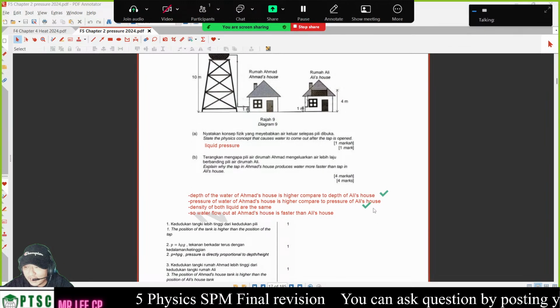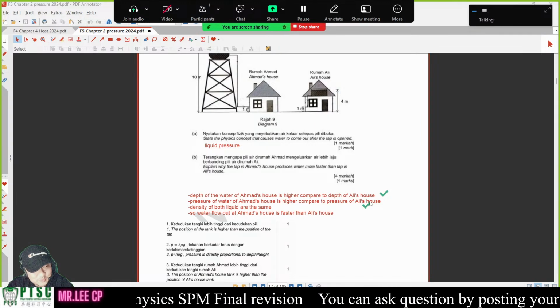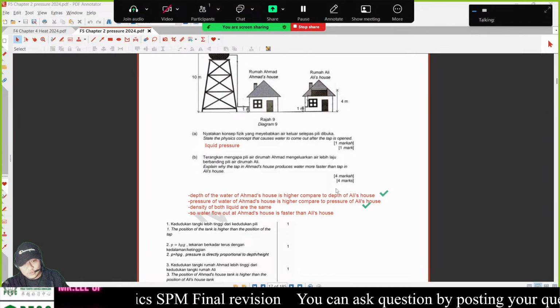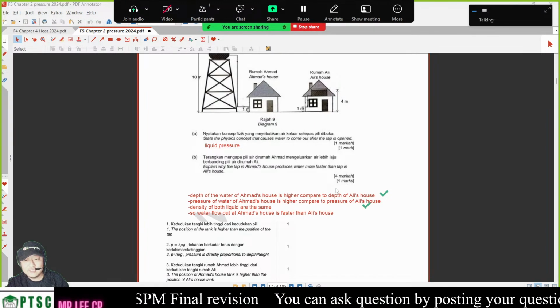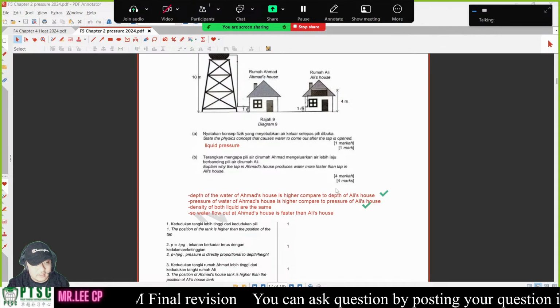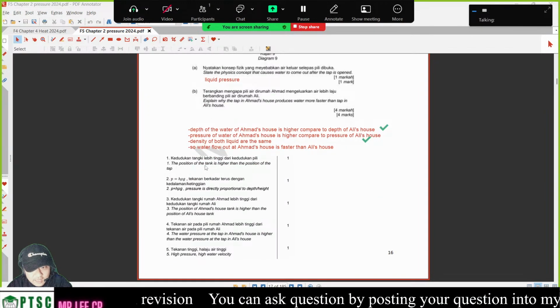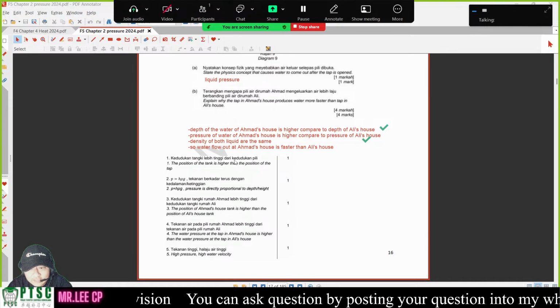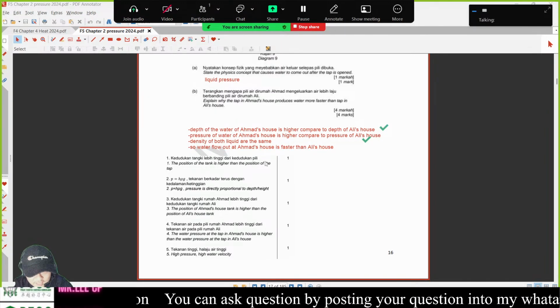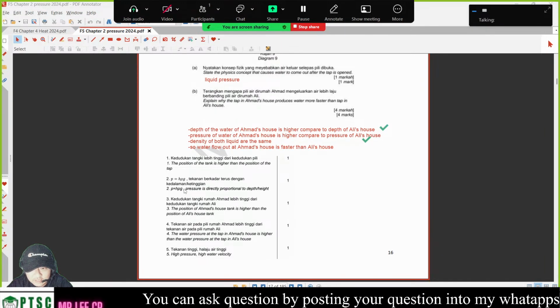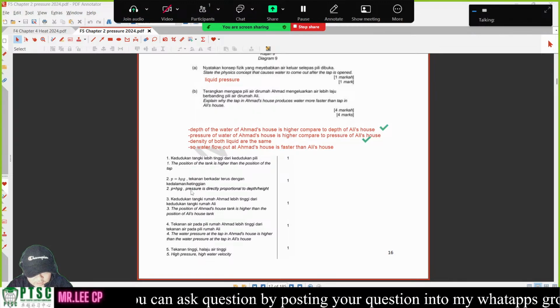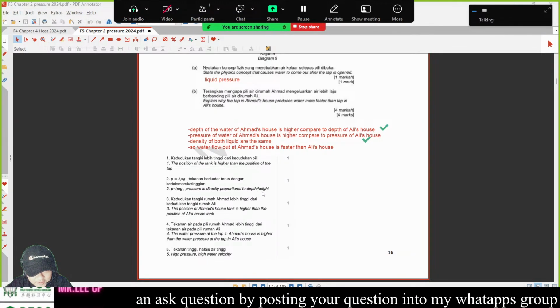But anyhow, this one only gets 2 marks. This kind of question I told my students, for a 4 mark question, if you can get 2 marks, then okay already. So the correct answer will be: position of tank higher than the position of tap. Second, pressure is directly proportional to depth.